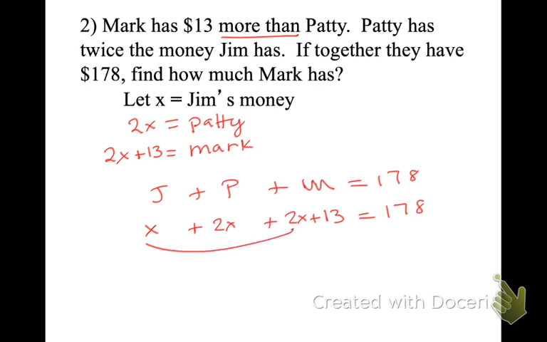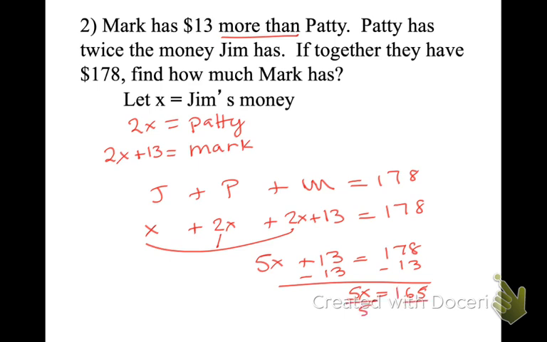Let's combine our like terms. 5x plus 13 equals 178. We're going to subtract 13. We get 5x equals 165. I'm dividing by 5, and I get x equals 33.